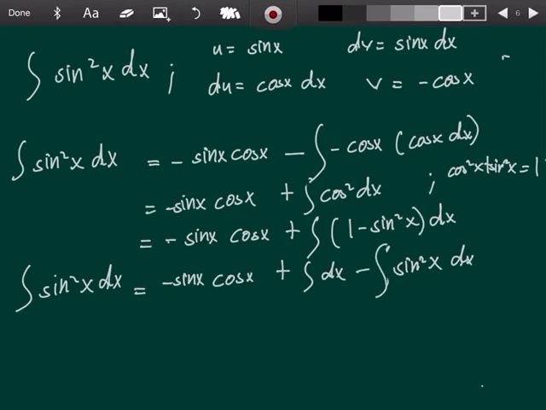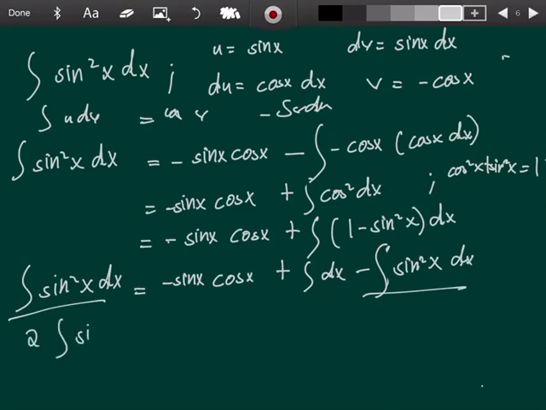Okay, so, minus yan class kasi nga, integral of u dv is equal to uv minus integral of v du. Okay, so, mapapansin nyo, parehas ito, ang gagawin natin, i-combine natin yung dalawa, diba? So, magiging 2 integral of sine squared x dx.